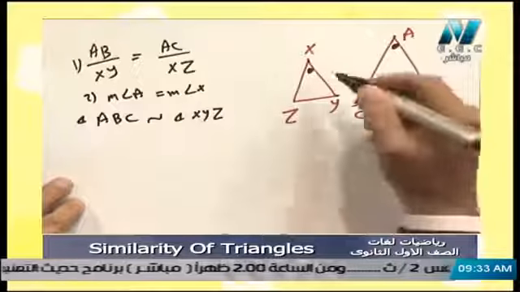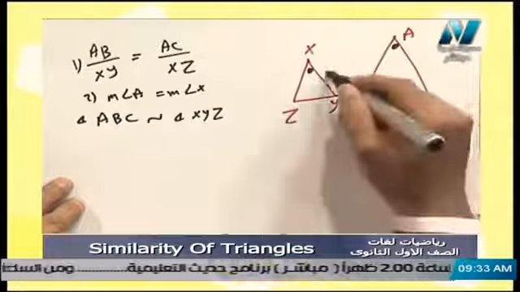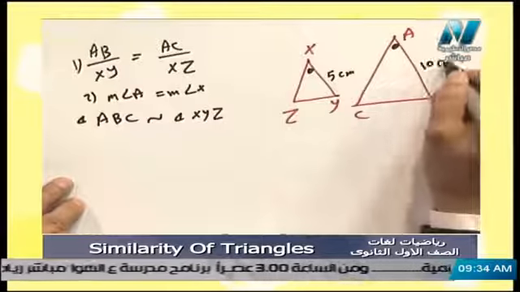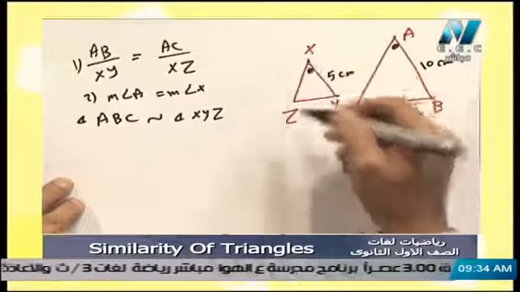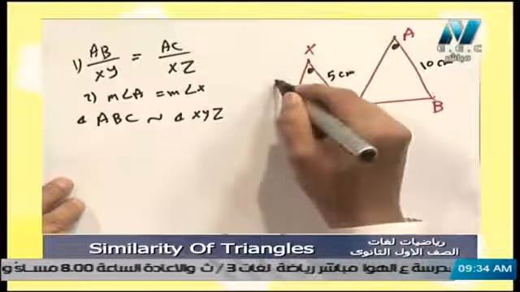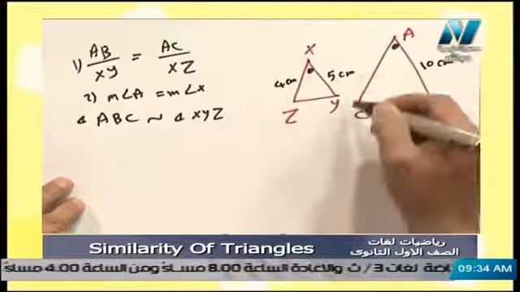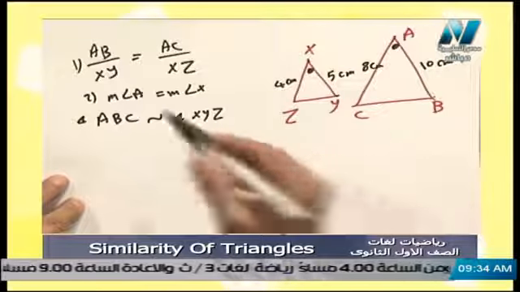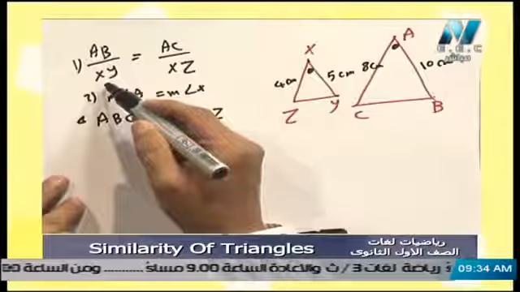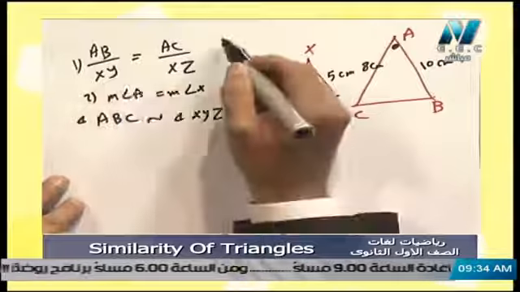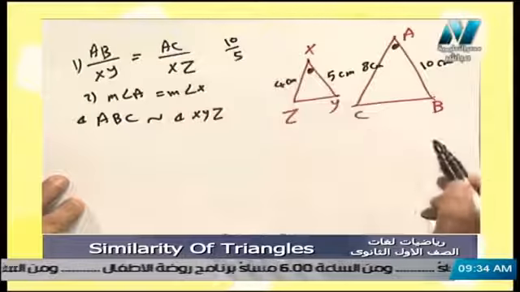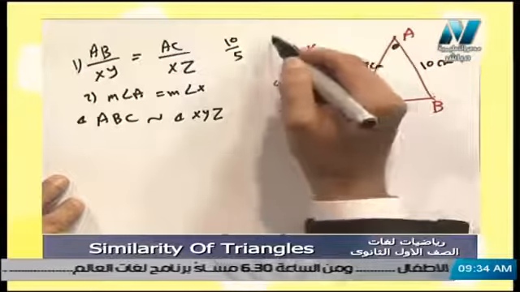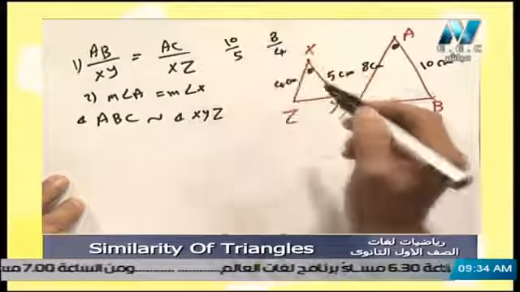Say that XY equals 5 centimeters and AB equals 10, XZ equals 4 centimeters and AC equals 8 centimeters. So we can say AB over XY equals 10 over 5, and AC over XZ is 8 over 4.